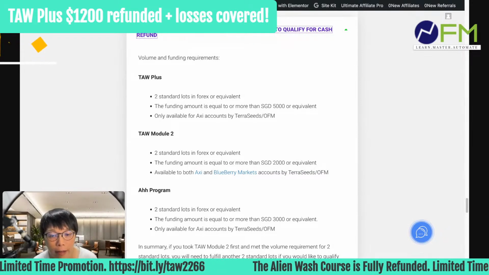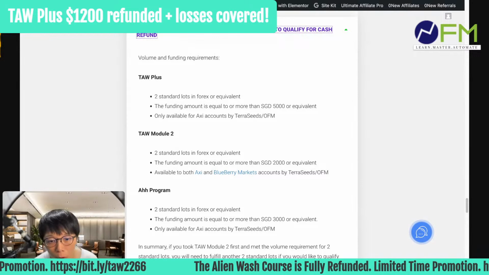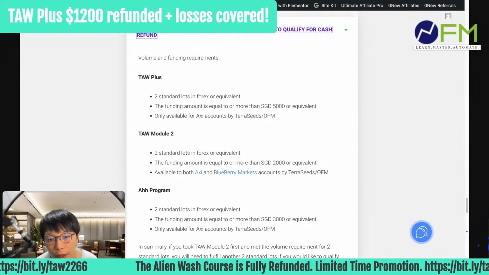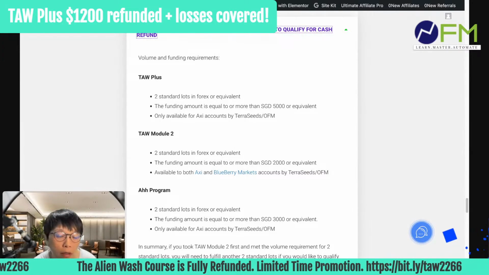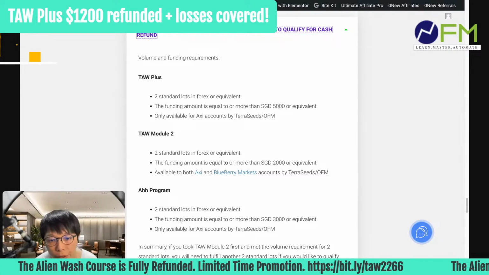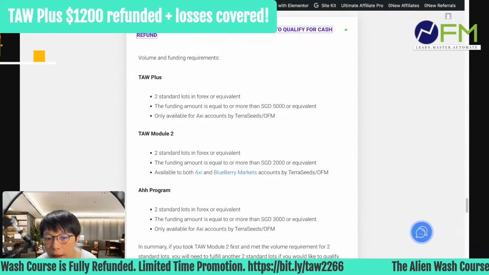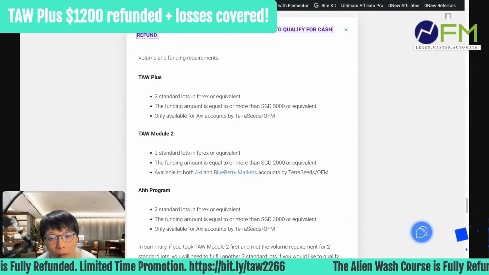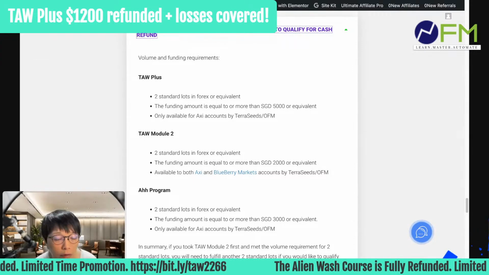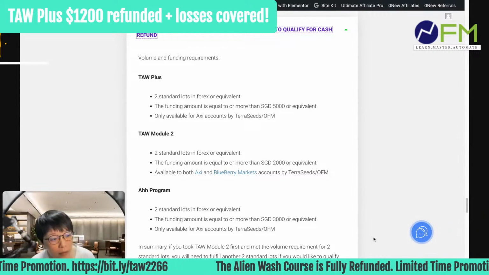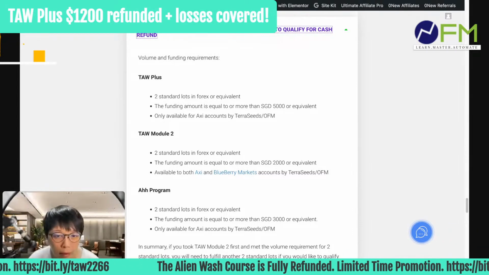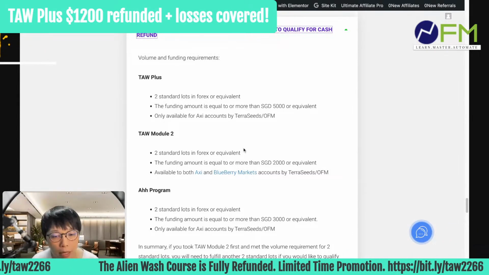Top Loss and R program are only available to Xe accounts. If you have the Tor Module 2, which is a $700 cost, you can get it from either Xe or Blueberry. But Tor Plus and R are only from Xe. And that's all from me.